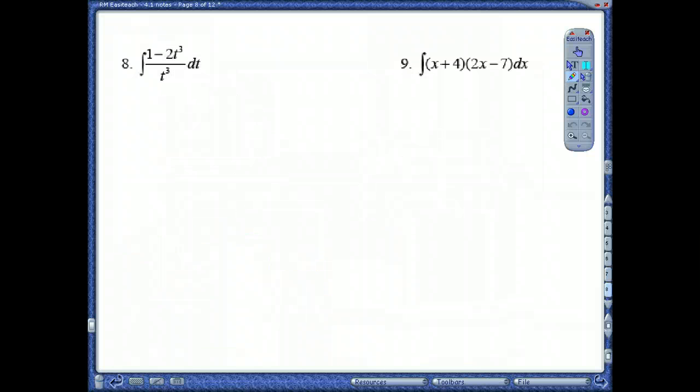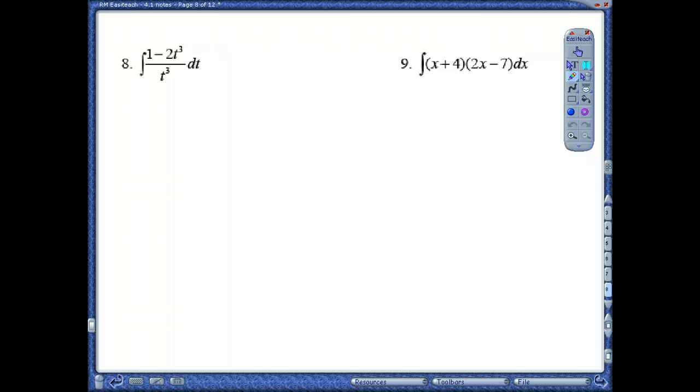Okay, so now we're going to do some trickier examples. When I'm looking at number 8 here, just like with derivatives, if you can simplify it, you need to do that. Just to let you know, there isn't a quotient rule or a product rule for integration.